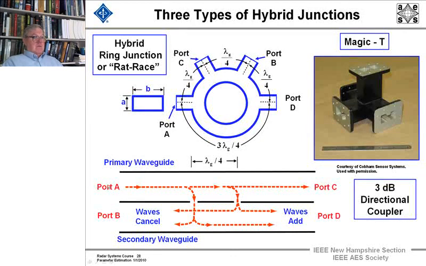Port A is here, port B is here, and between the two waveguides that are connected, we have gaps. The energy is split off, and we have output ports C and D as outputs.